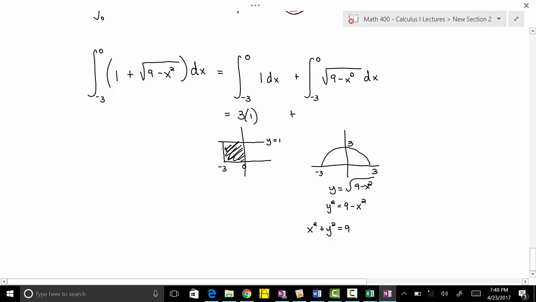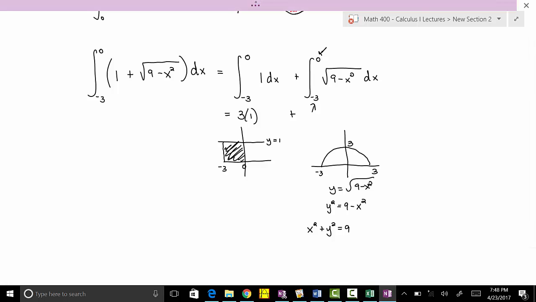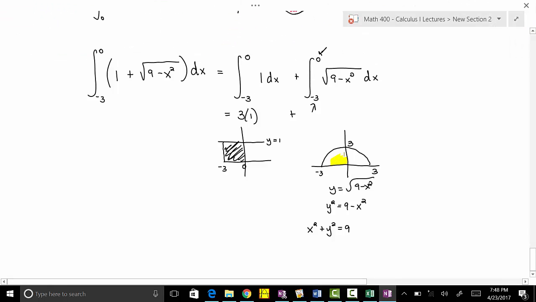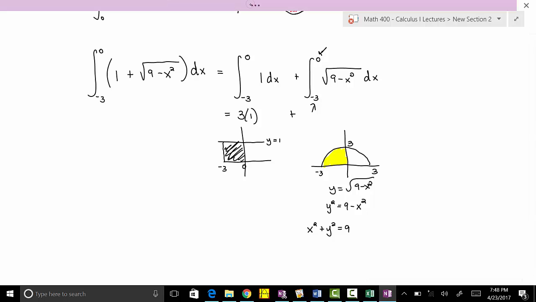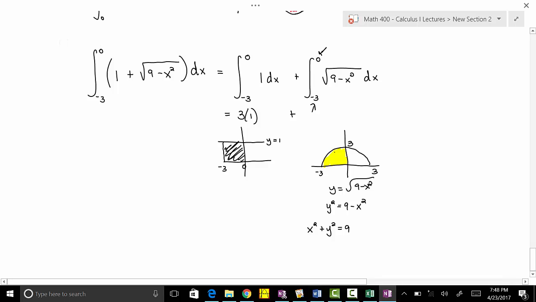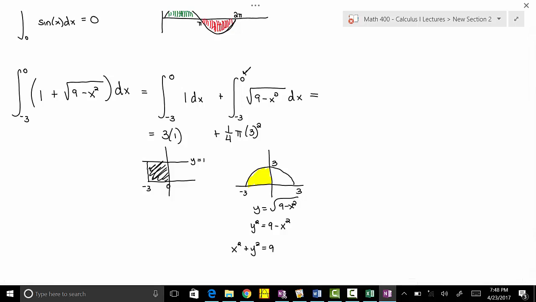But I only want the area of the upper half of that circle from -3 to 0. So that area right there, from -3 to 0, is just 1/4 of a circle. And I know that 1/4 of a circle is 1/4 pi r squared. The radius here is 3, though, so 3 squared. So in the end, the value of that integral is going to be 3 plus 9/4 pi.